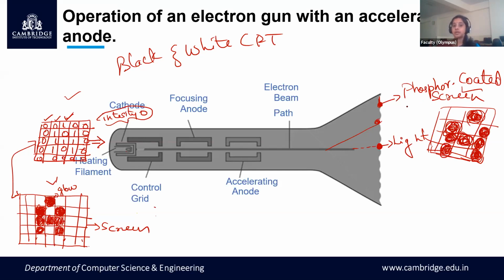What the phosphor coated screen will do here is, the electrons, when they collide with the phosphor coated screen, or fall on or interact with it, this will glow.